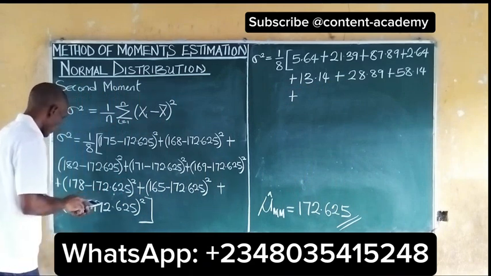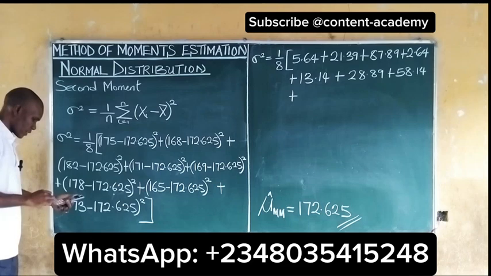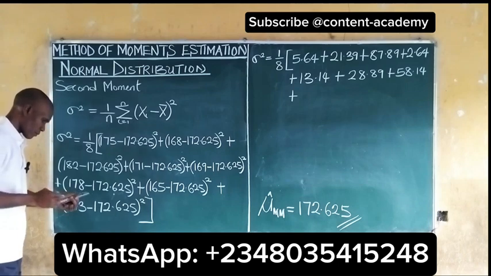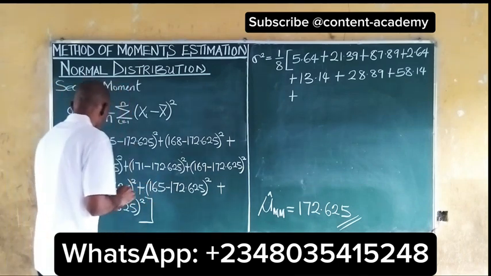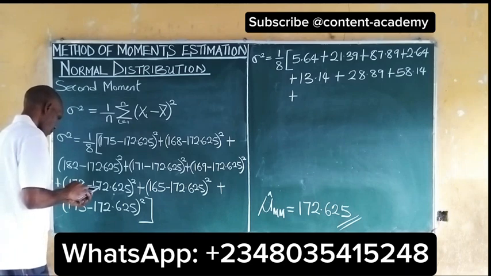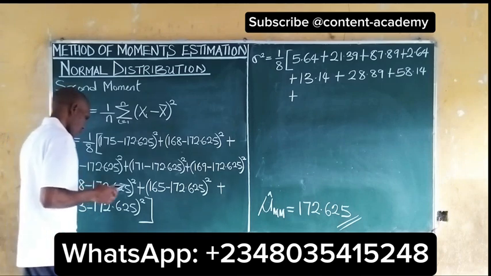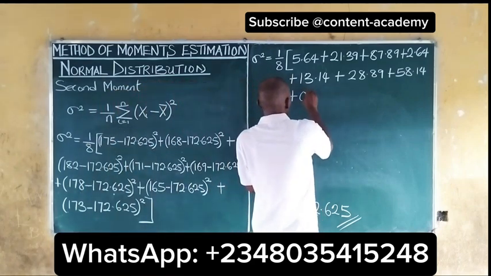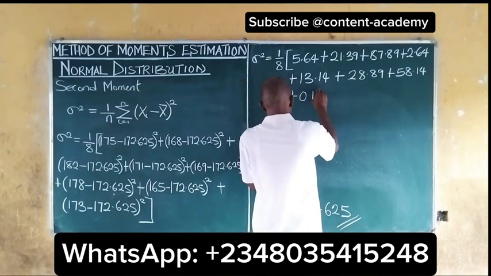Plus the last one, 173 minus 172.625 squared, which is 0.14.